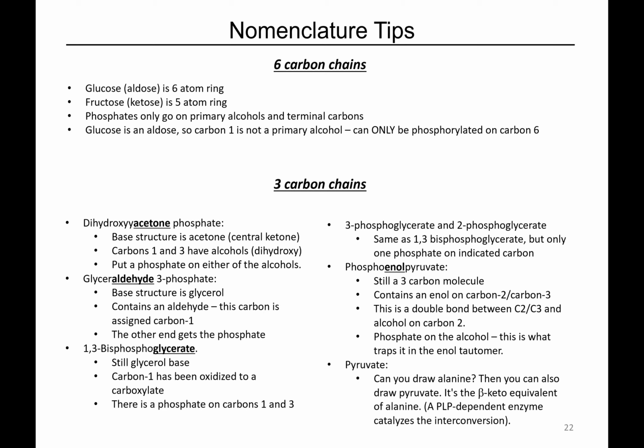And that's all of the hexoses. If it helps to draw out the linear form, and it certainly will when we get to our aldolase reaction. So remember that if you can draw glucose in a linear form, that's an H.